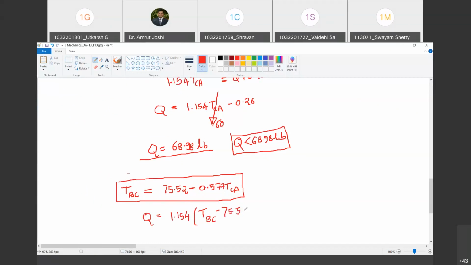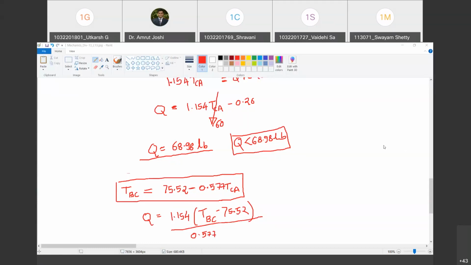What I have done is I have expressed TCA in terms of TBC and substituted here. So it is 1.154 times TBC minus 75.52 divided by 0.577.